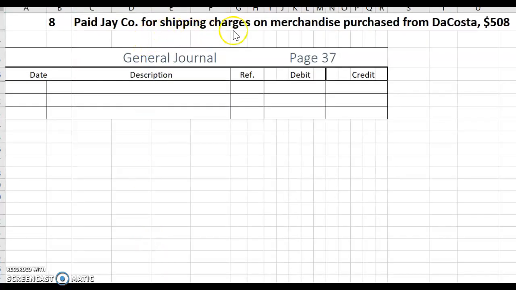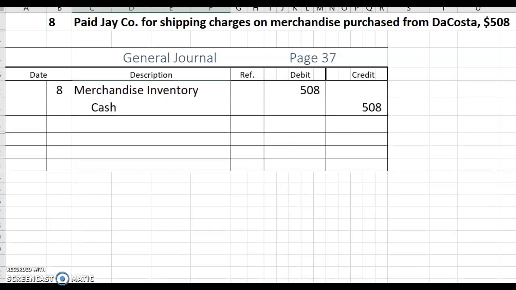We had to pay for the shipping charges on the merchandise we purchased from DaCosta. So the terms must have been FOB shipping point because we as the buyer have to pay those transportation charges. When we pay transportation charges on merchandise we purchased, that becomes part of the cost of the merchandise inventory. So we debit merchandise inventory and we credit cash.